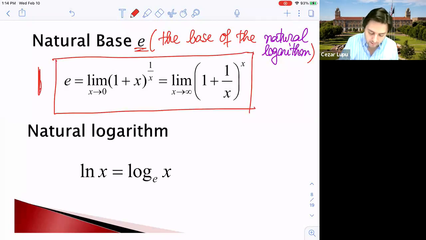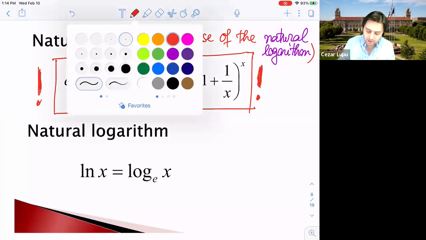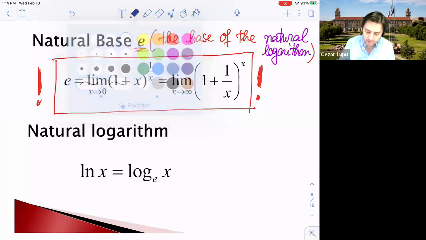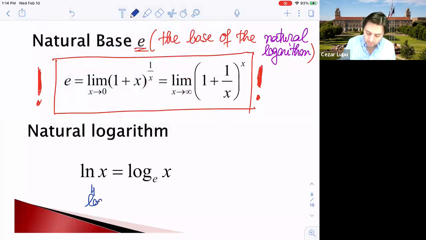But also you can see the base of the natural log, right? Just like I said, the notation will be ln of x. Or sometimes I saw this notation as well, log x, log of x.